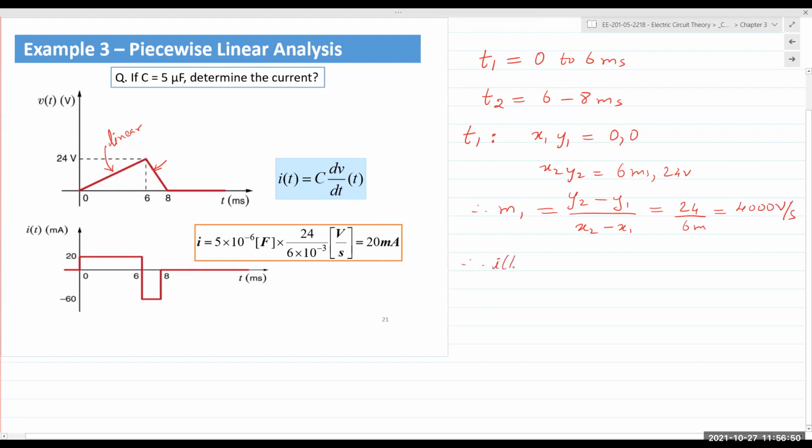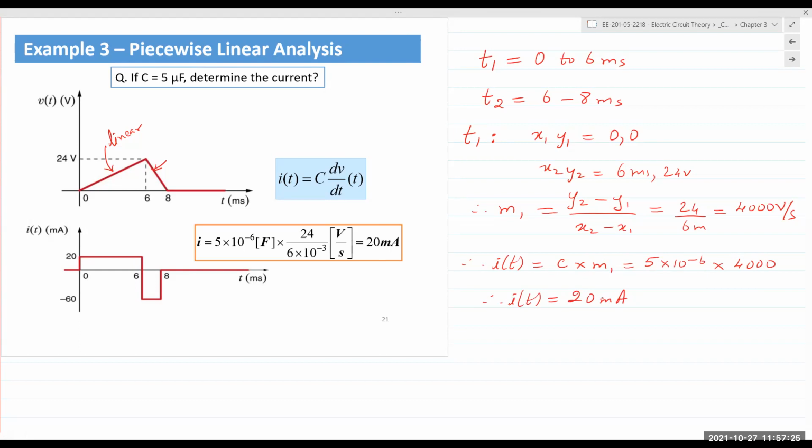Therefore, my current I of t is C times M1. C is 5 microfarads. Therefore, I of t would be equal to 20 milliamps. Easy enough, right? dV over dt, rate of change of voltage.